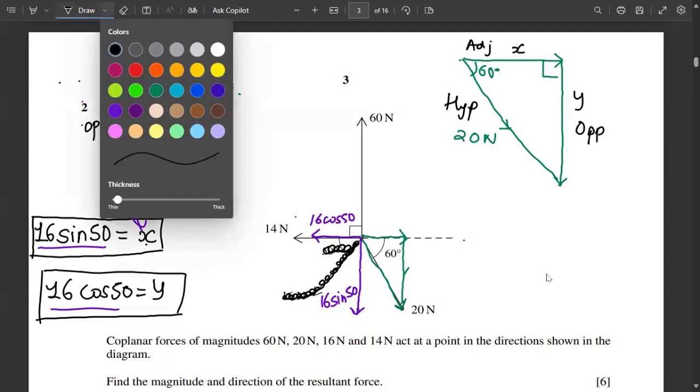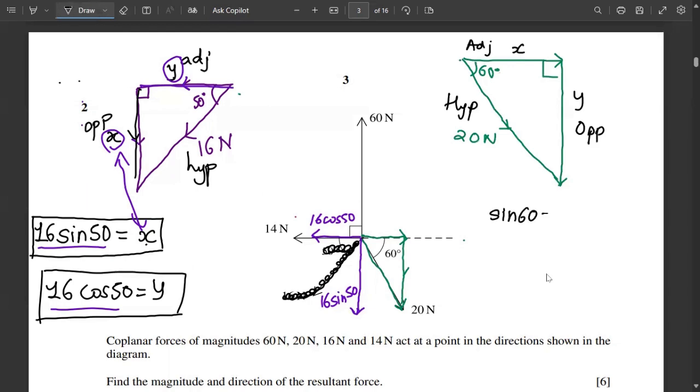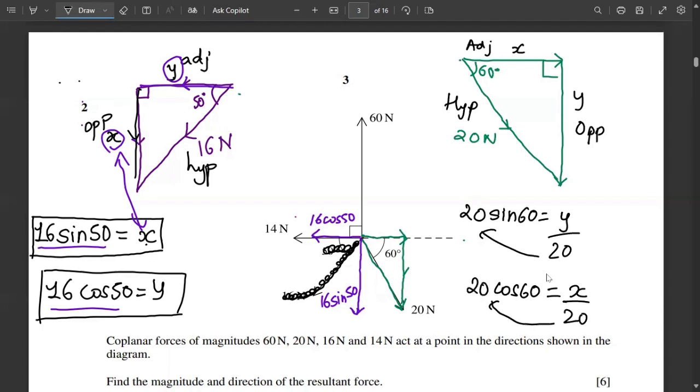So Y is opposite and opposite means sine. So sine 60 will be Y upon 20. This 20 will go up, which will give 20 sine 60. Similarly, cos 60 is related to adjacent and the adjacent side is X. So it will give us X upon 20. This 20 will go up, which will give us 20 cos 60.